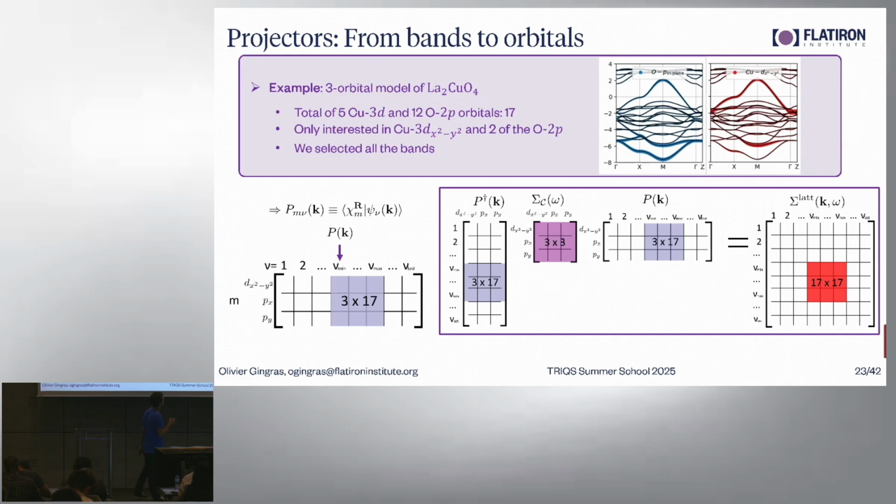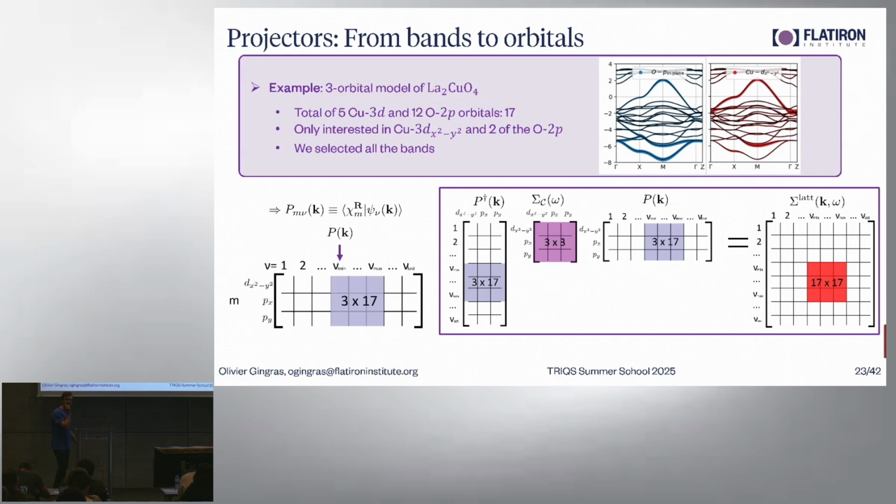So something you can notice here is that my self-energy here is local, right? This is one of the DMFT assumptions. Well, it's kind of a restriction of you doing everything in a local impurity. And when I put it back onto the lattice, now it has a k dependence, and this comes from the k dependence of the projectors themselves.